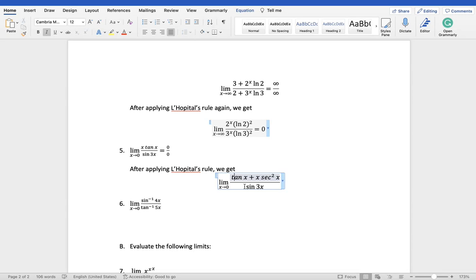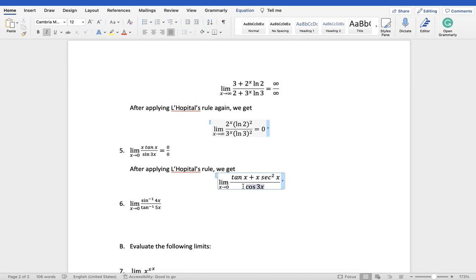What about the denominator? What do you think you get? cos 3x. Okay, let me write it down and see if you guys agree. Do you guys agree? Yes, sir.